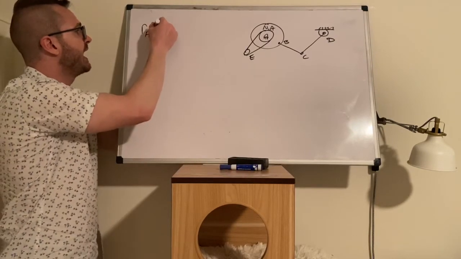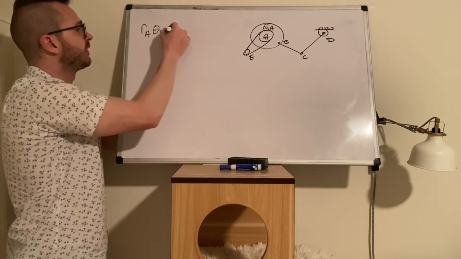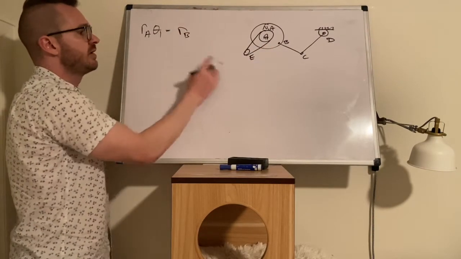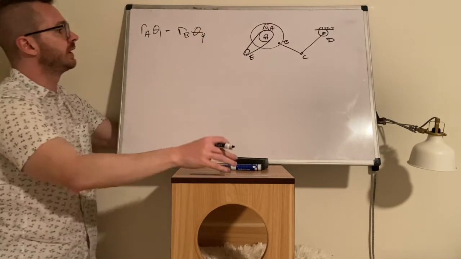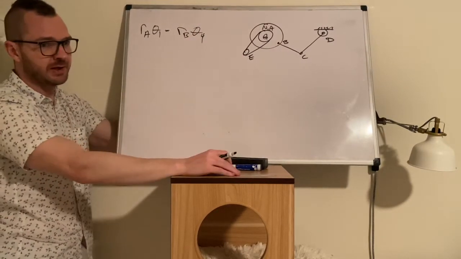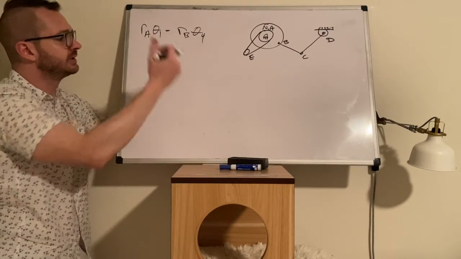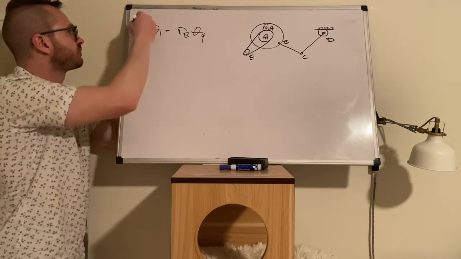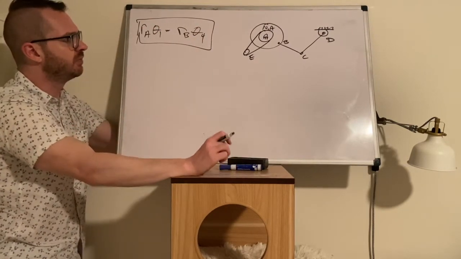So this is RA theta 1dot. Theta 1 was associated with the rotation of A frame, and then RE theta 4dot was E frame. Okay, and that's literally it. They rotate in the same direction, so there's a positive relationship between these two. Put a little box around it. There you go. There's your belt and pulley constraint.